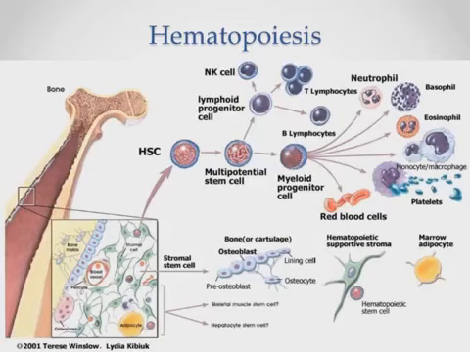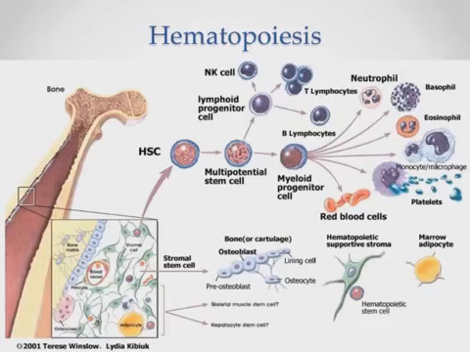And this myeloid lineage will be subdivided into the granulocytic lineage that includes neutrophil, basophil, eosinophil, and monocytes, which will give the tissue macrophage, and another lineage called the megakaryocytes that will give platelets, and another lineage called the erythroid lineage that will give red blood cells.